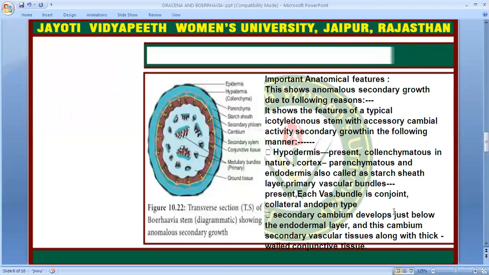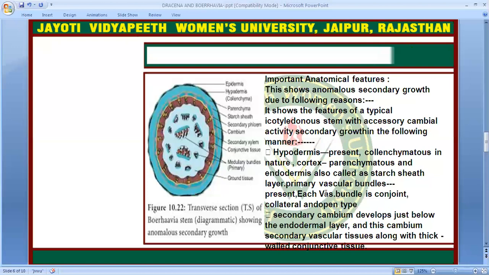Now we have another plant in your course, that is Boerhaavia stem. Now what is the anomalous feature of Boerhaavia? It shows typical dicotyledonous stem with accessory cambial activity and the secondary growth in the following manner. What is it? The hypodermis is present, collenchymatous in nature and the cortex is parenchymatous.